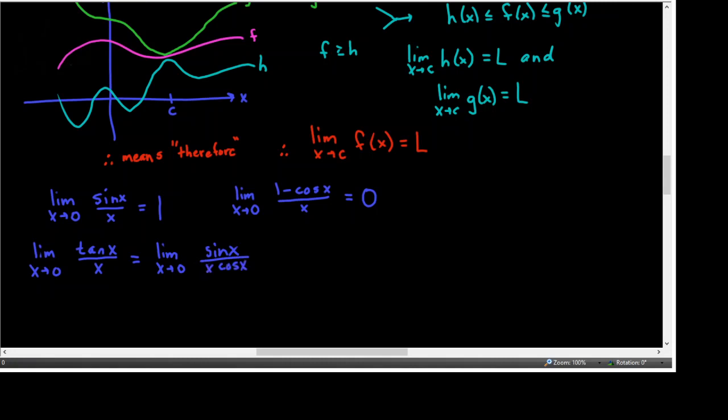Then you can rewrite that as a product of two functions, one of them being sine of x over x, and the other one being 1 over cosine x.